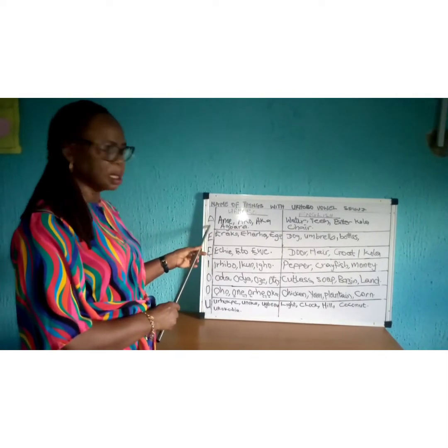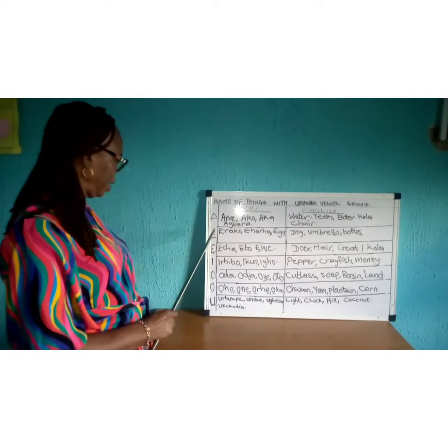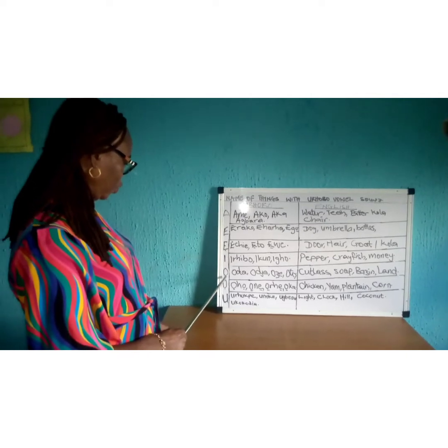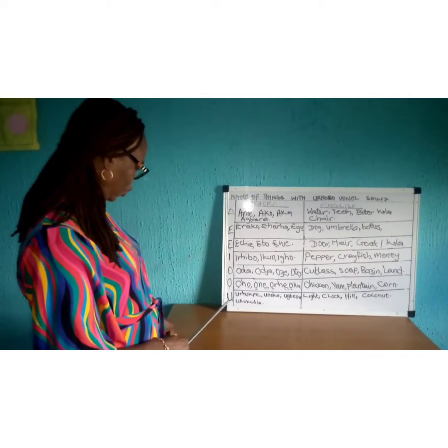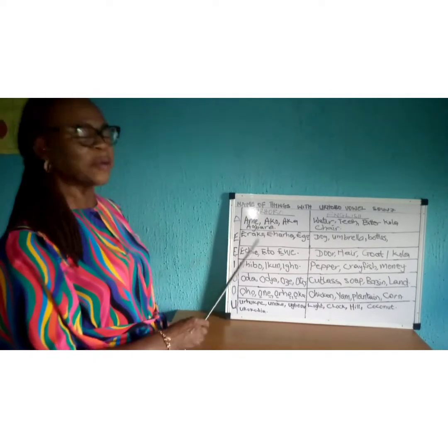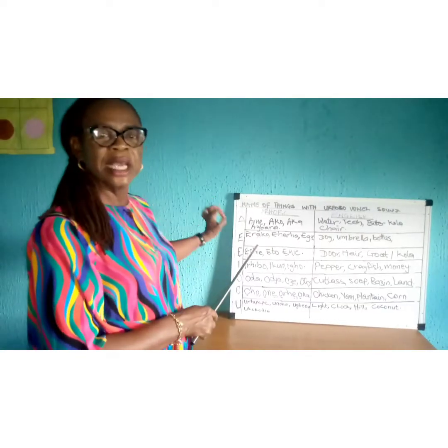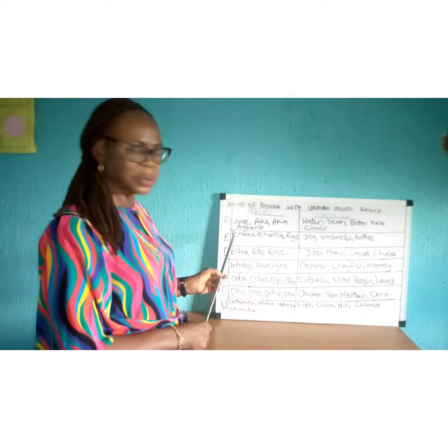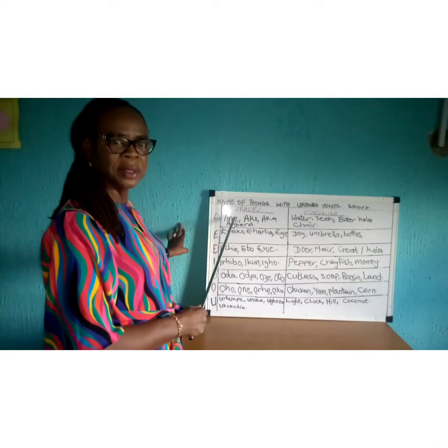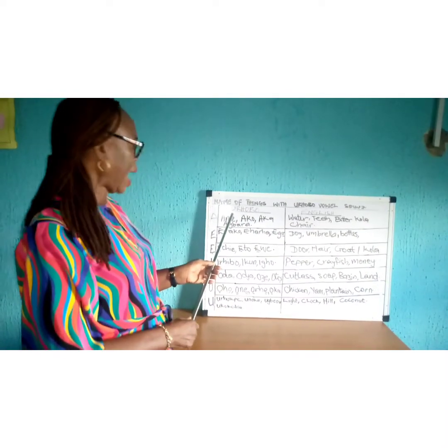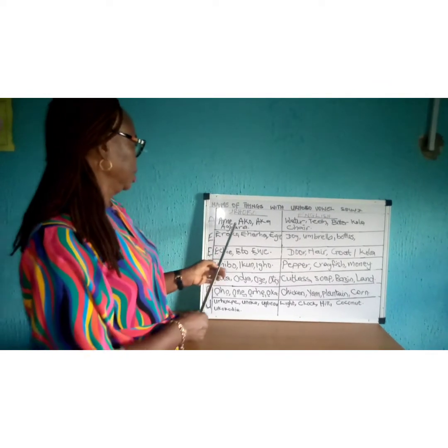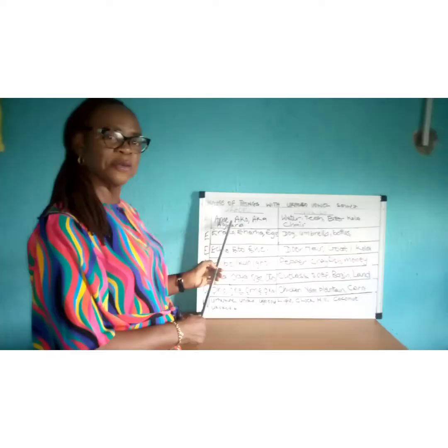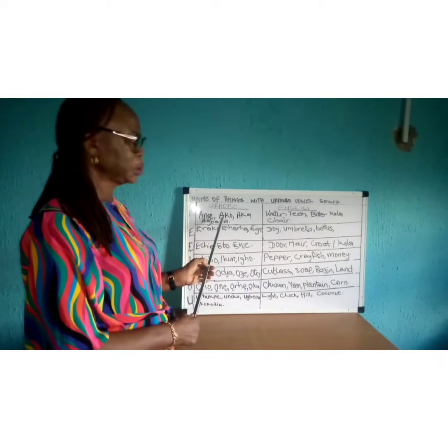The vowels A, E, I, O, U. When we are going to pronounce the words, you will hear the sound of the vowels in the words in Urhobo language. For example, Àmì. You heard the sound of A in Àmì. Number 2, Ako. You also hear the sound of A in Ako.